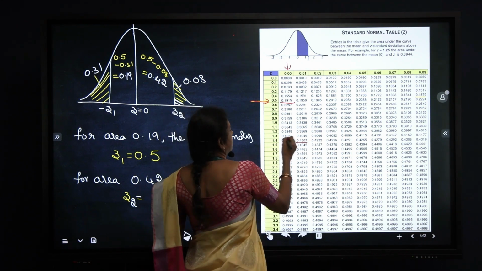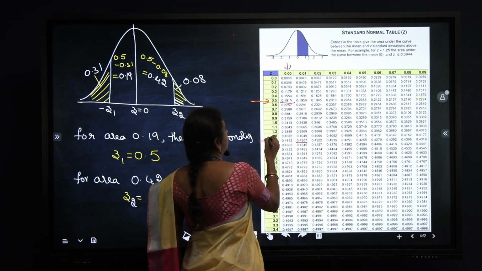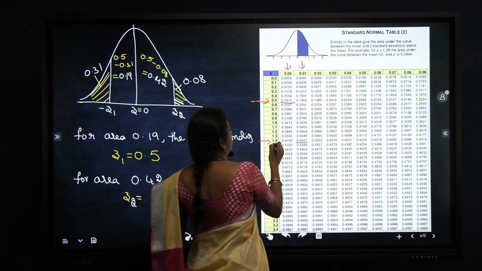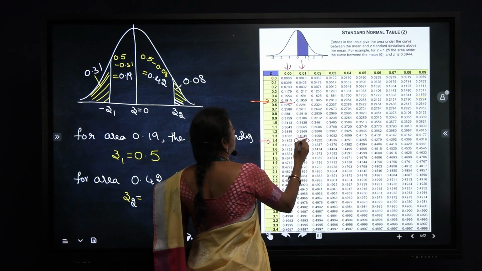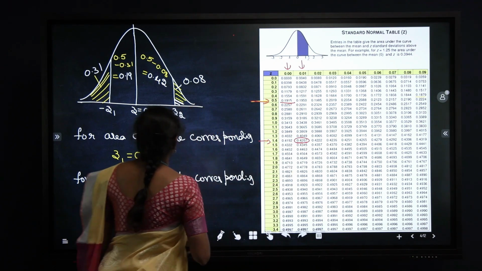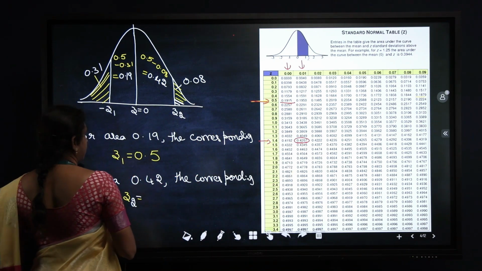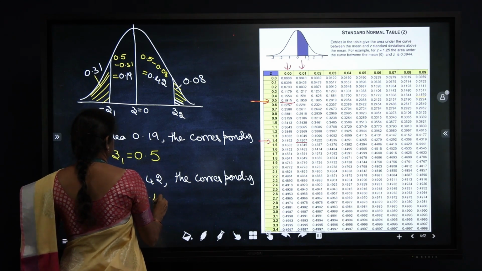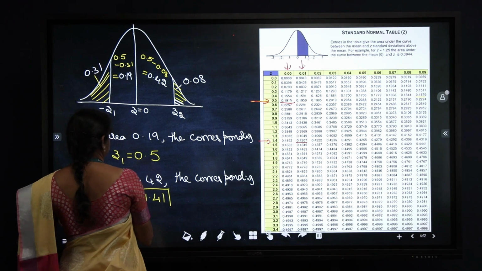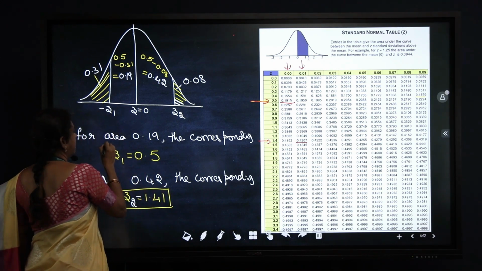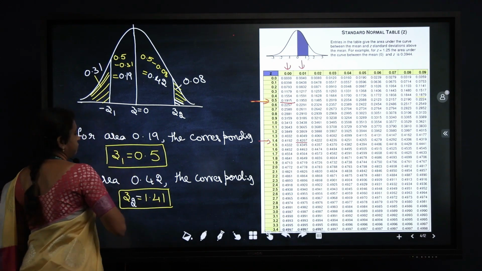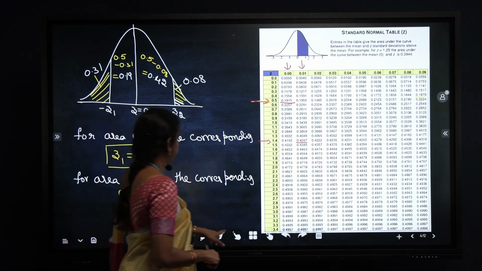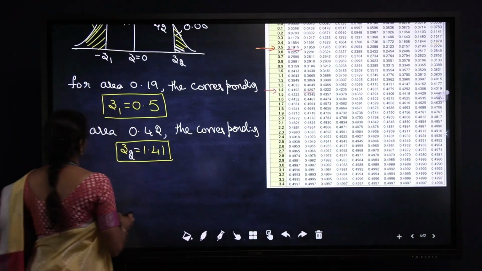We'll take the nearest value, which is 1.4 under 0.01, so 1.4 under 0.01 is 0.4207. The corresponding value we'll take as 1.41. So z1 is 0.5 and z2 is 1.41. Now using these values we'll find the mean and variance.